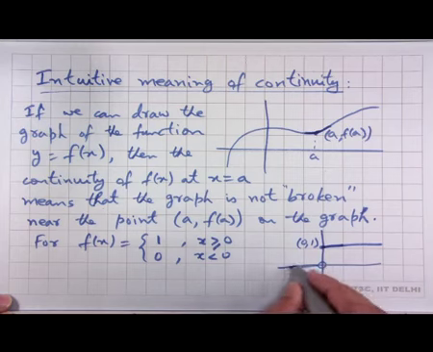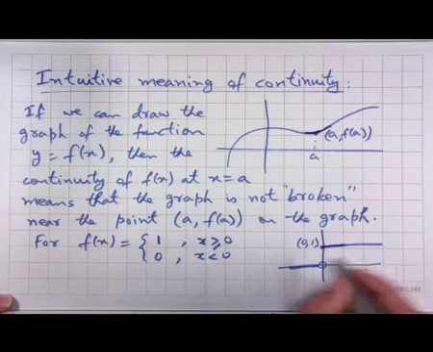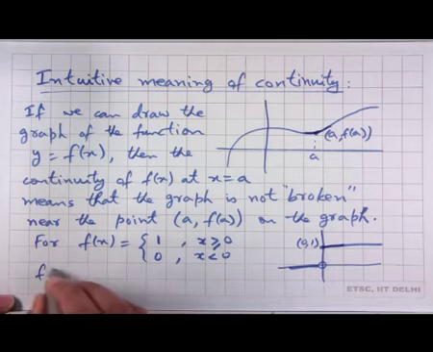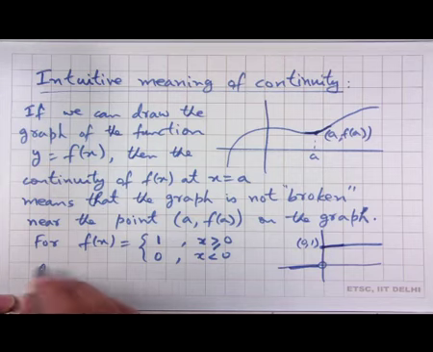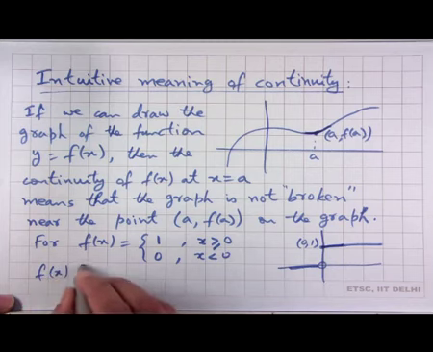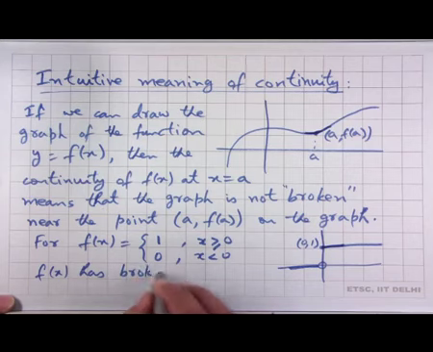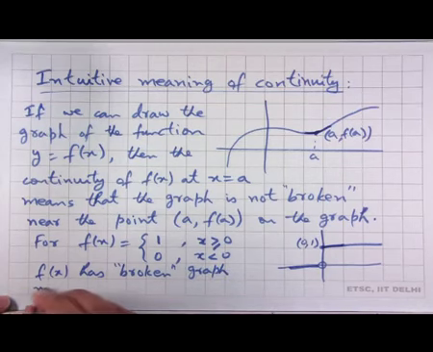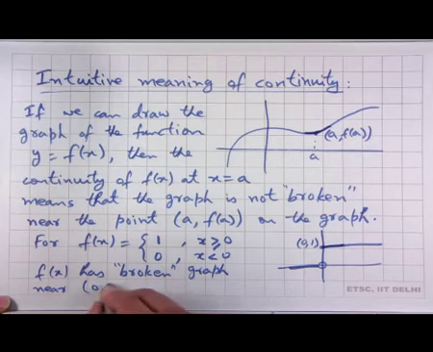So, you cannot have this not broken for this function. So, here you see that the graph of f x has a broken graph near 0 comma 1.